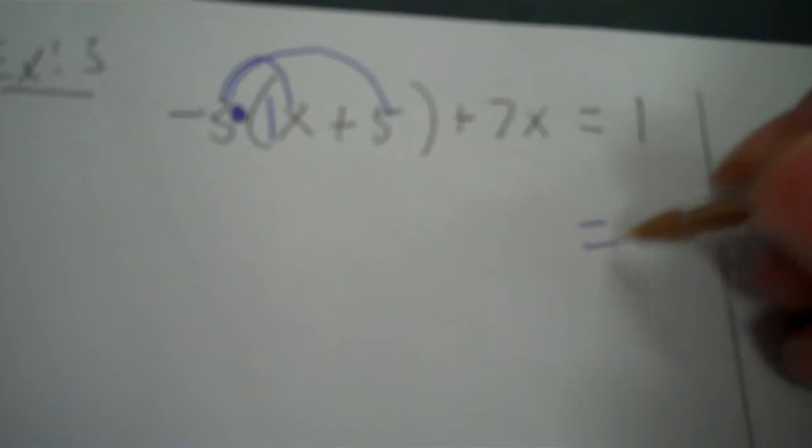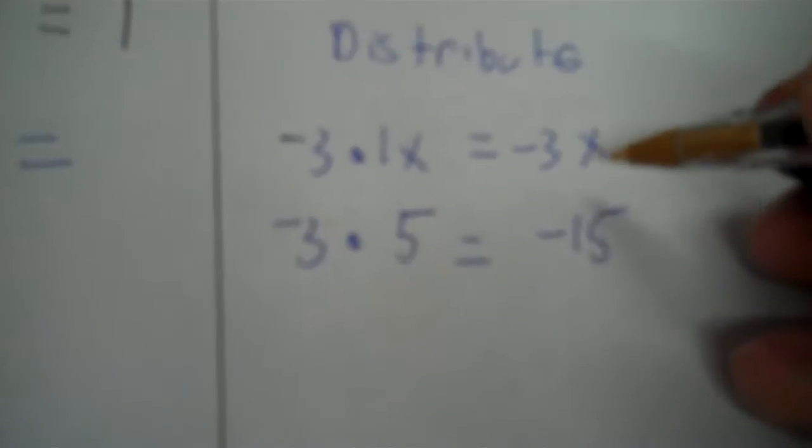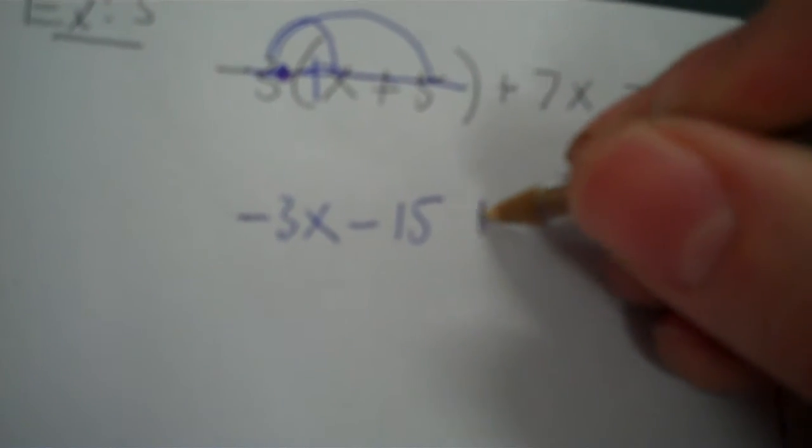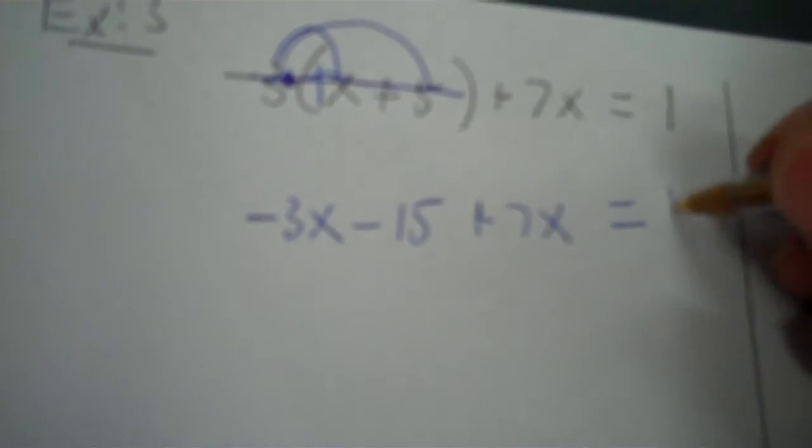So I line up the equals. I cross out the parentheses and the negative number in front. And we go negative 3x, we write that down, and then minus 15. That now goes to a minus 15 when I have that as a negative. And then plus 7x, and then we have 1. So I have two x's on the same side.